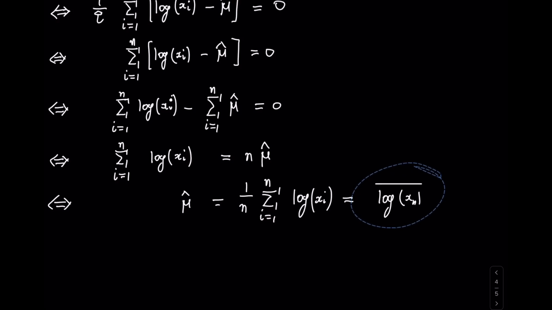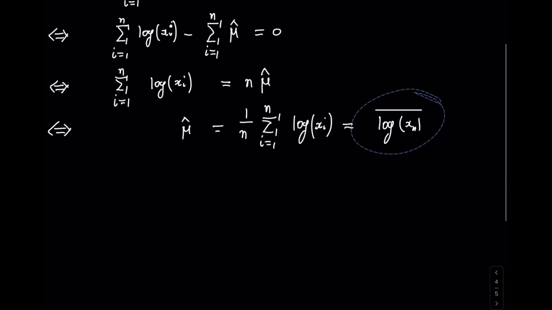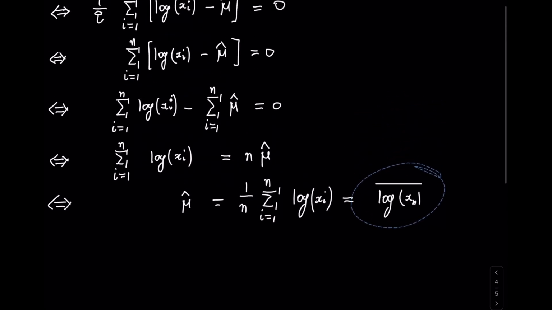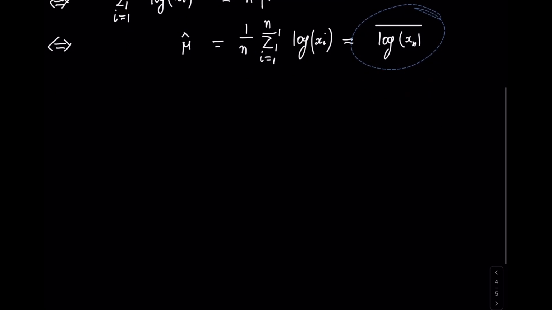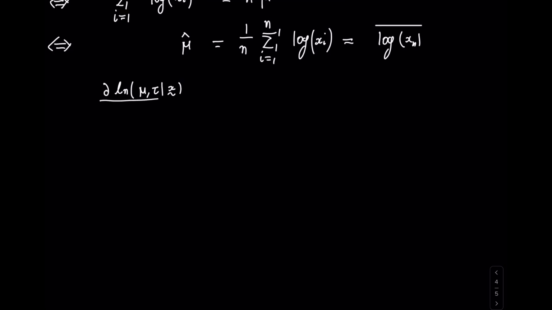We can now solve for our value of tau. So again, our formulation will be something of the sort: we've got the first derivative with respect to tau, with the condition that (mu, tau) is again equal to (mu hat, tau hat).